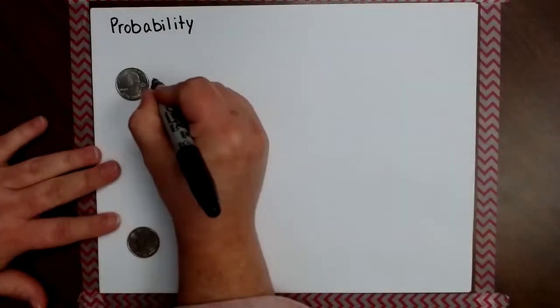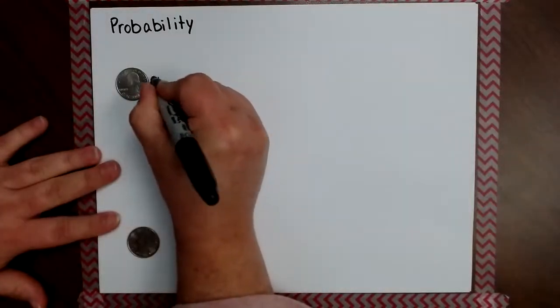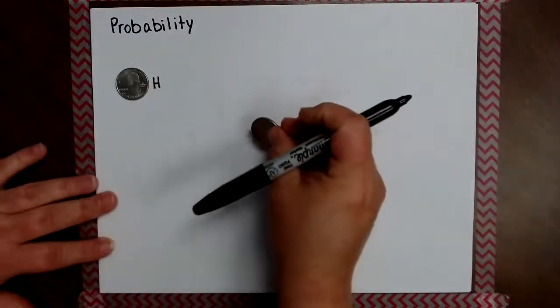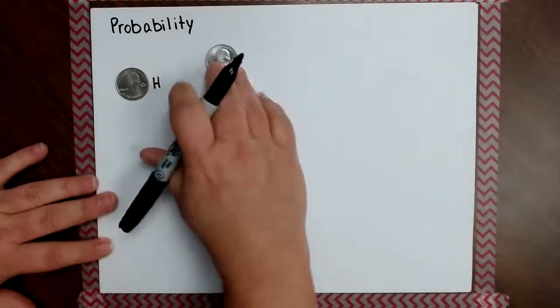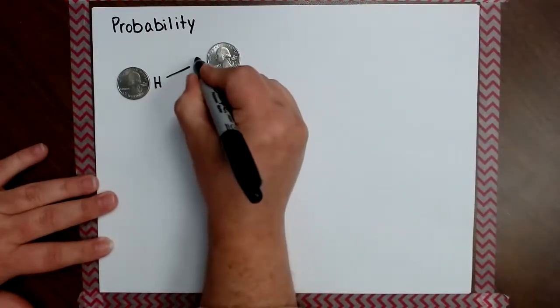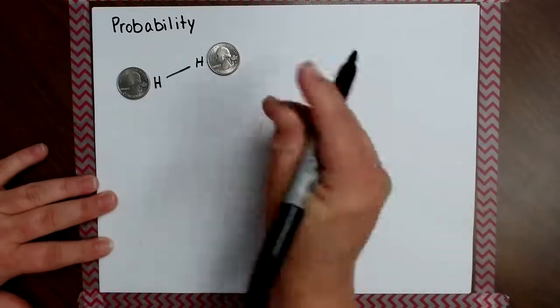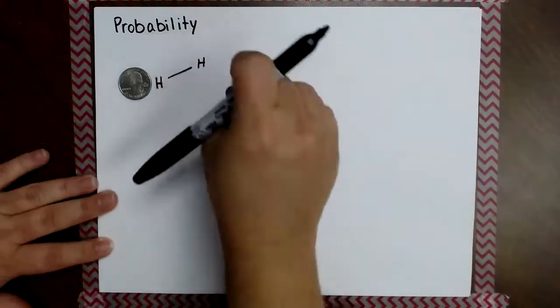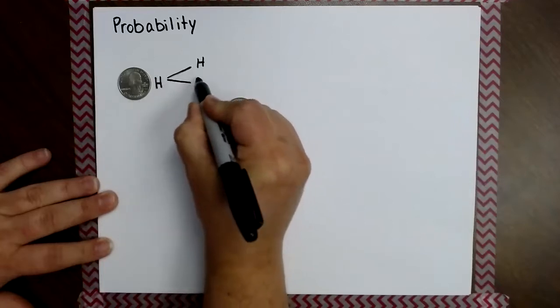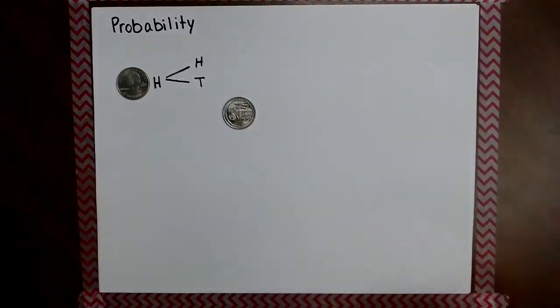So I'm going to use an H for heads, okay? If I flip the second coin, it could land on heads. So I could have heads and heads, or the second coin could have landed on tails, and then I would have had heads, tails. Make sense?